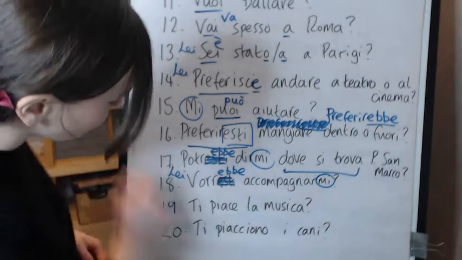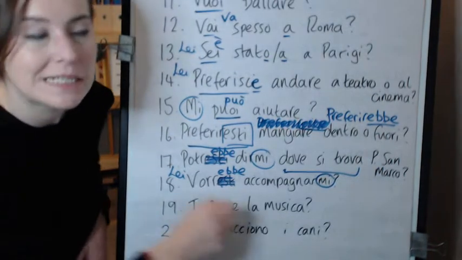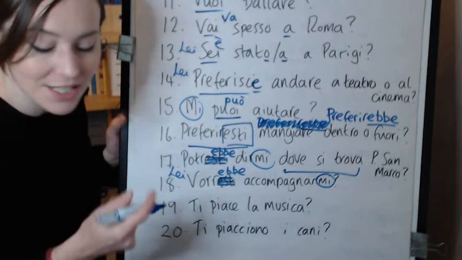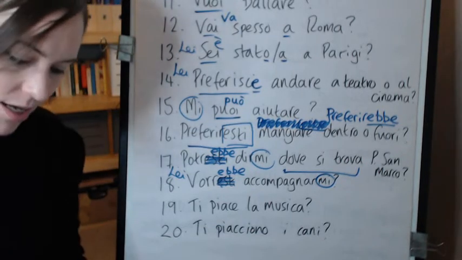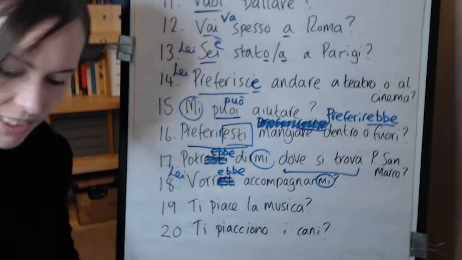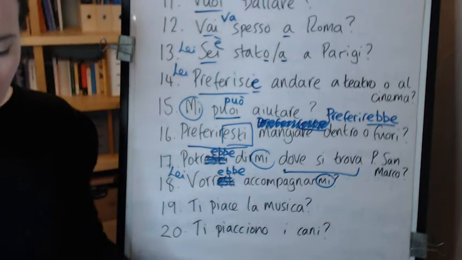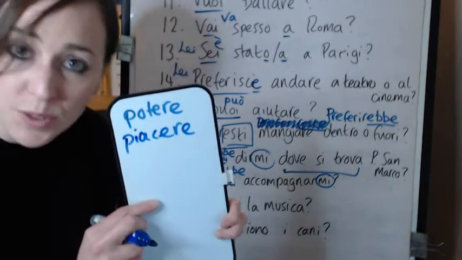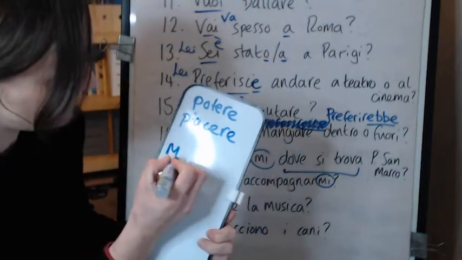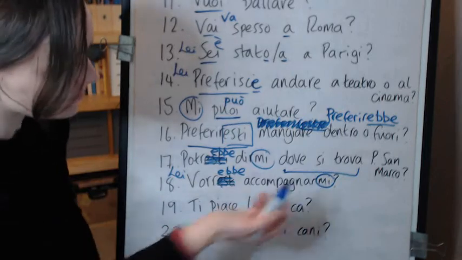Okay. Ti piace la musica? This is more difficult. The verb piacere, I think that's the last one on here now. Piacere means to please or be pleasing to. This is used with indirect object pronouns like mi piace. So we've just seen that mi at the end.